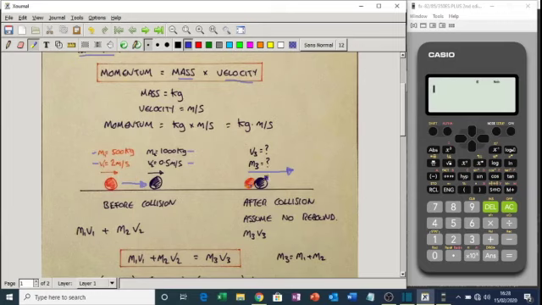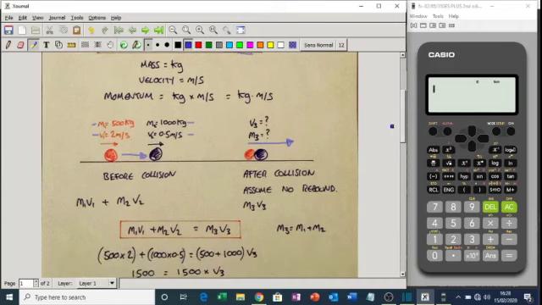After they've collided, the momentum of the two objects is now going to be m3 times v3. So momentum before collision is momentum after collision. So m1v1 plus m2v2, that's the momentum before collision, equals the momentum after collision, m3v3.